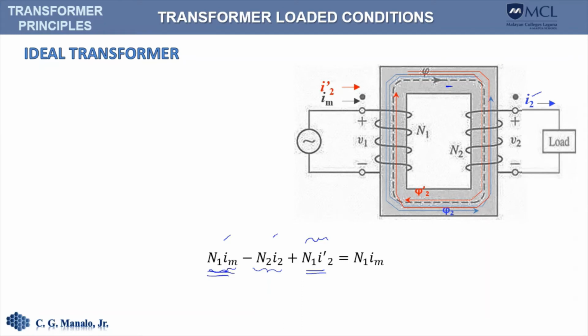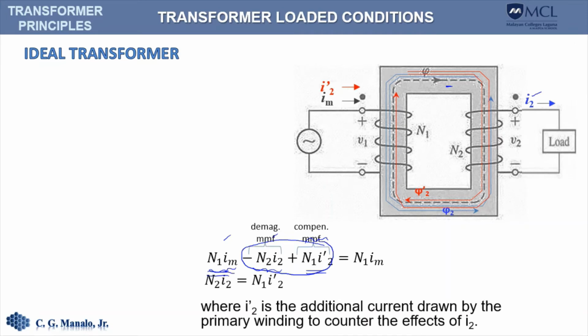So that means these two terms here must be zero, or they are equal in magnitude, in order for the main flux inside the core to be maintained at a constant value.